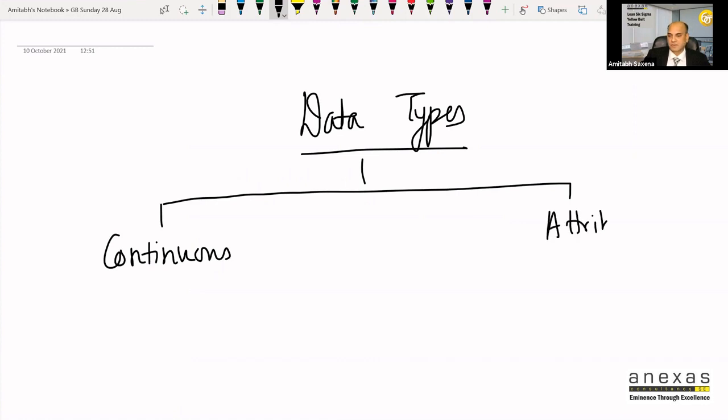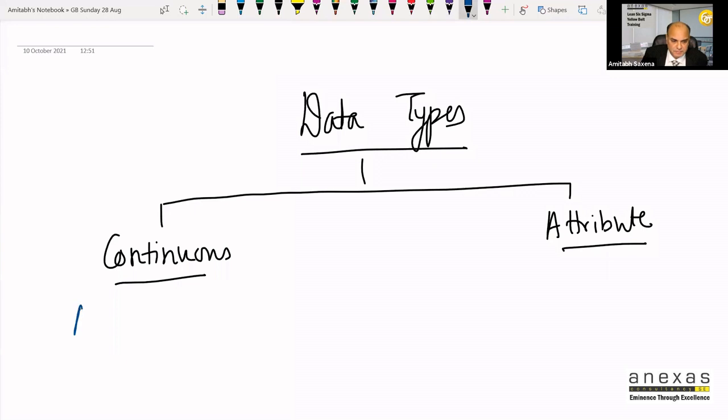Continuous data is something which we feel is easy to measure, and it can be represented on a number line. Some other characteristics of continuous data is that it can be expressed as a decimal point, and it also has a unit. So let me take an example.